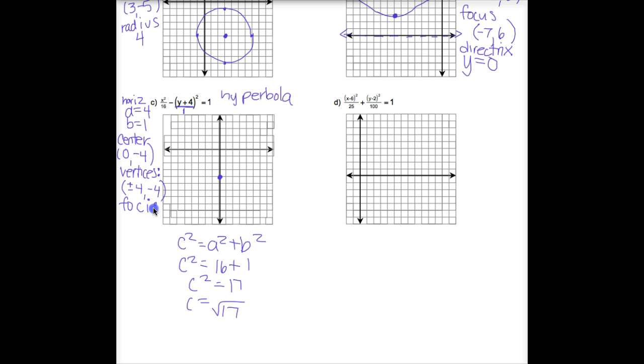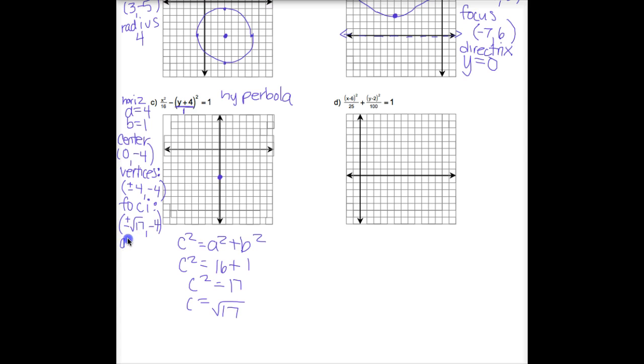Remember, foci are on the inside of the opening, so it's from the center and past the vertices. Again, because my center had an x coordinate of 0, we kind of get lucky and we can just say they're going to be at plus and minus radical 17, -4. Again, if this weren't 0, we would have to do 2 plus or minus radical 17, something like that. So here are my foci.